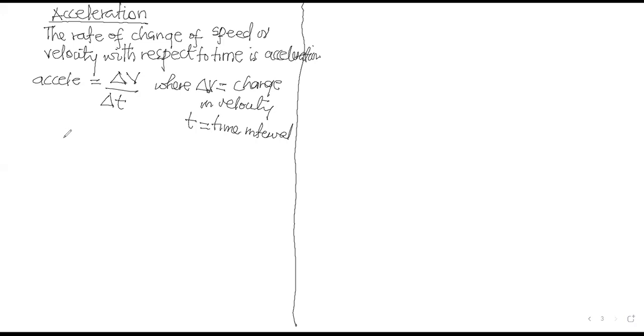So for acceleration, there must be a change in the velocity of the body, and note that the change in velocity can be an increasing velocity or a decreasing velocity.